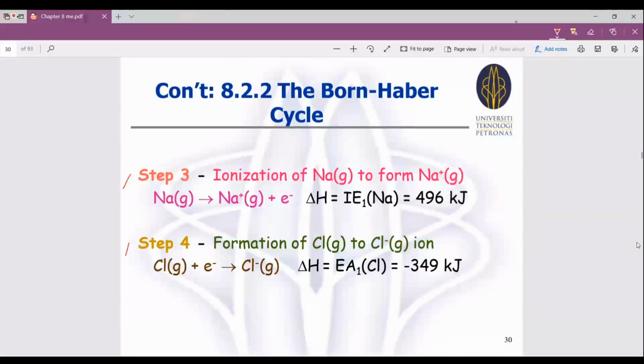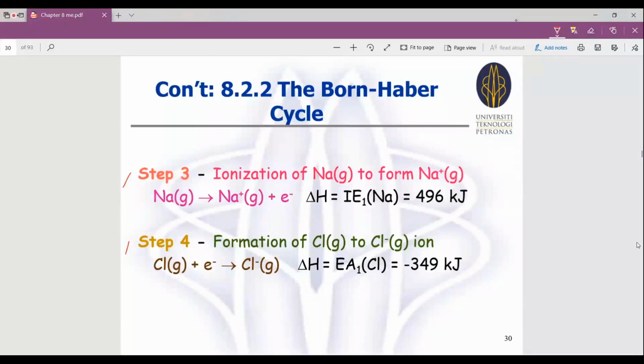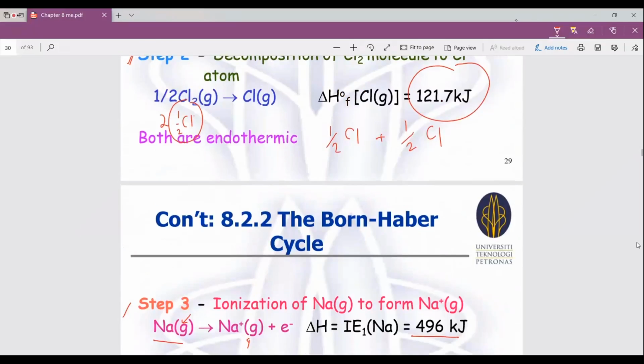Okay, next step is ionization of Na gas to Na+. Remember, first ionization energy from the atom in gas to Na+ gas. The value is here. Then the next step is formation of Cl-, because we got Cl already, right?